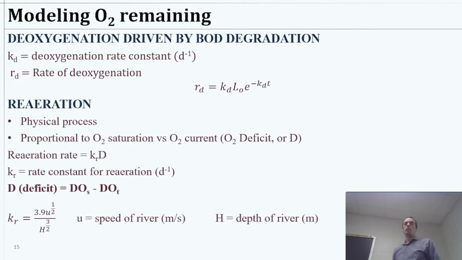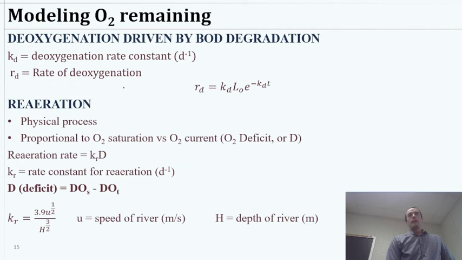So now we're going to look at deoxygenation. To wrap that up, I forgot I had a little bit. So to wrap up the deoxygenation portion, we could say KD is a deoxygenation rate constant.